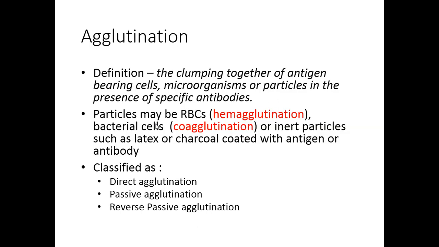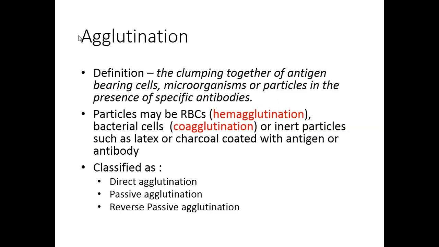So we just spent some time learning how precipitation reactions involve soluble antigens and soluble antibodies. Agglutination, on the other hand, is the visible reaction that's formed by insoluble antigens with an antibody, right?